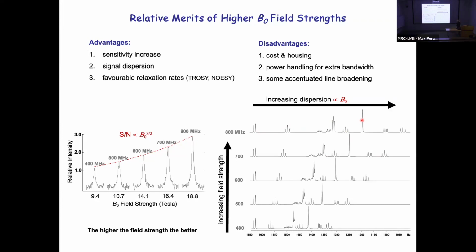And you can see the amount of spread of this frequency, if we plot it in absolute frequency terms, goes up linearly with the increased field strength. So we physically resolve signals here much better at 800 megahertz than we do at 400 megahertz.